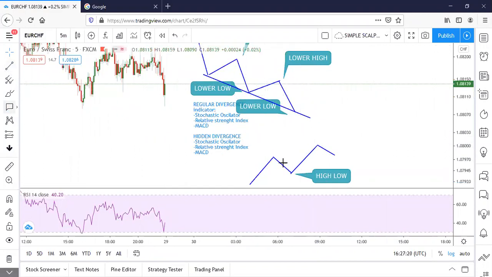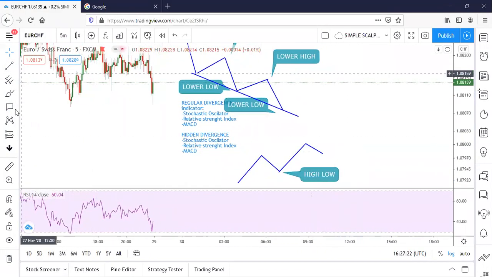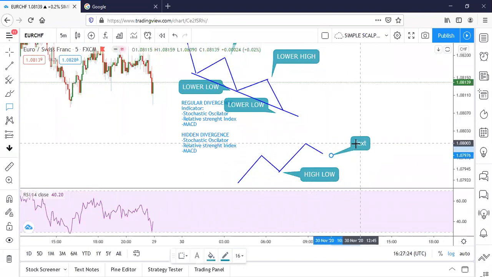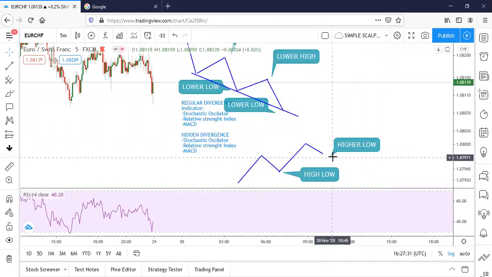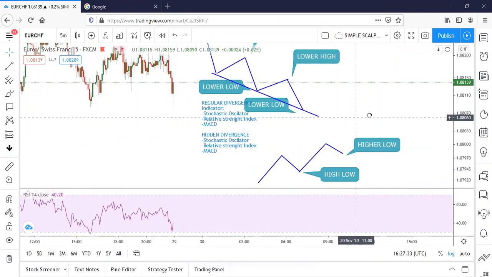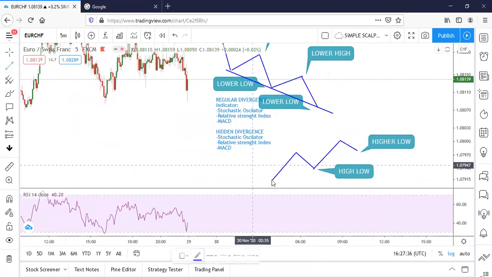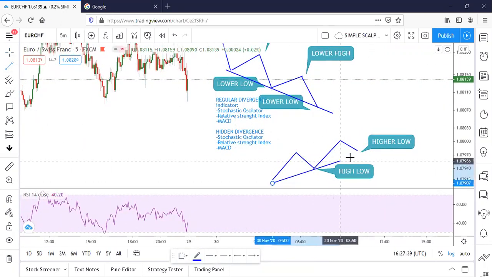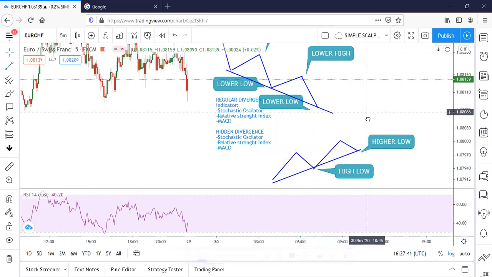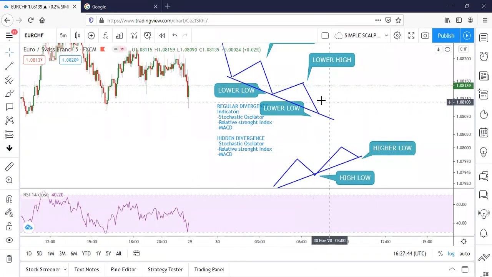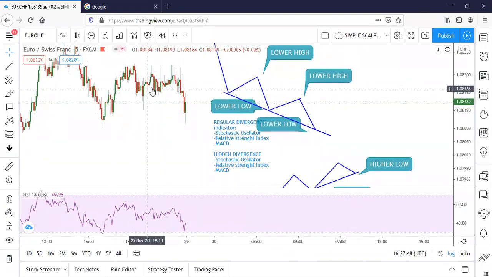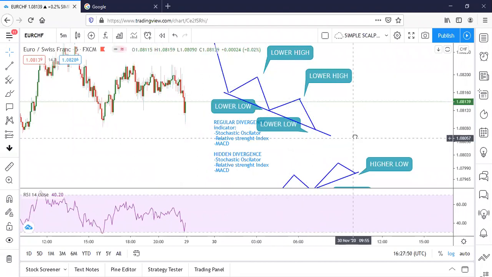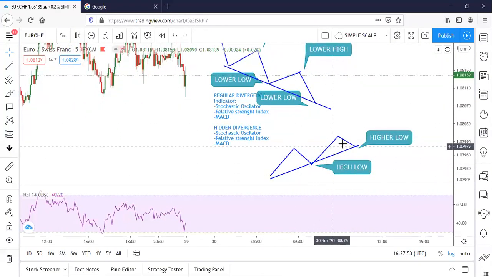And invariably, what is this telling us? It means that price is coming down, which means your chart is coming down and your indicator is going up.